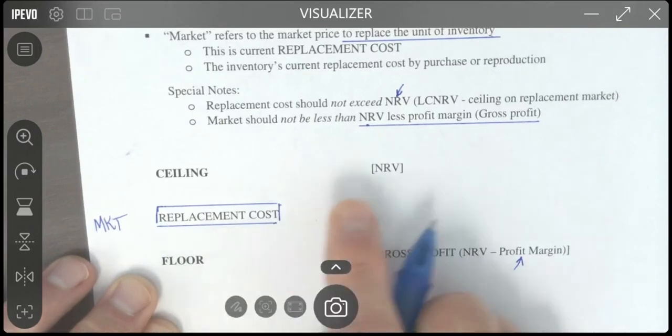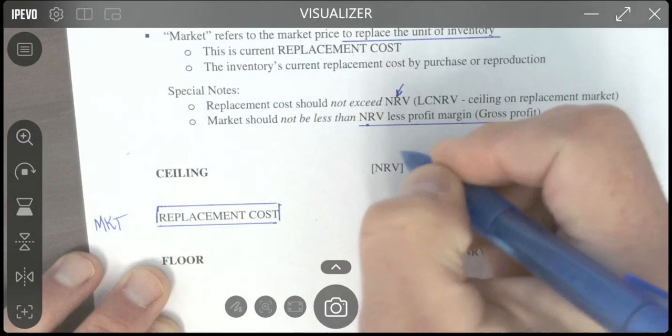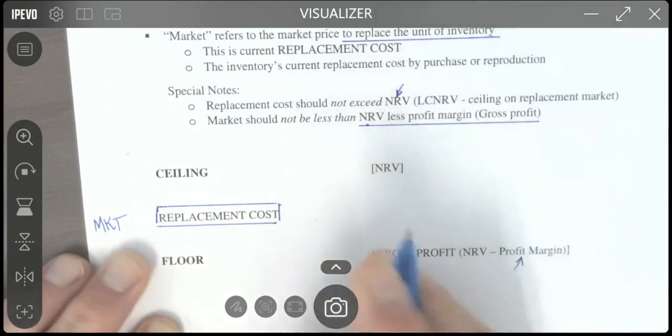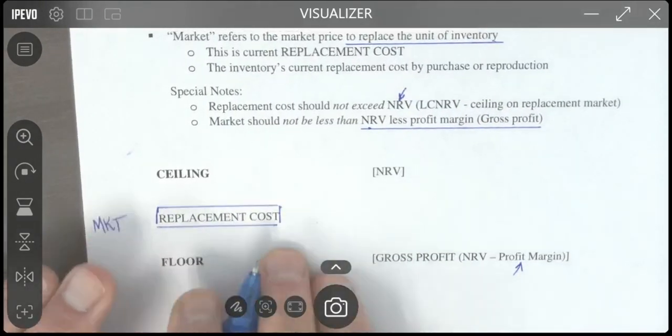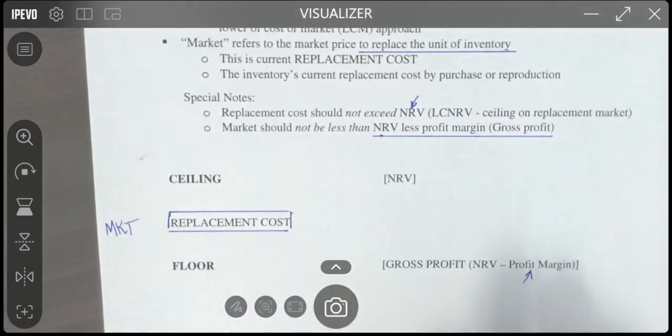If the replacement cost is greater than net realizable value, you'll use net realizable value. Otherwise, we're using replacement cost. Okay. I know that seems unnecessarily complex, and I may even say that, dare I say it, it is. But it's the rules. So let's now do a video, apply them, and learn it.